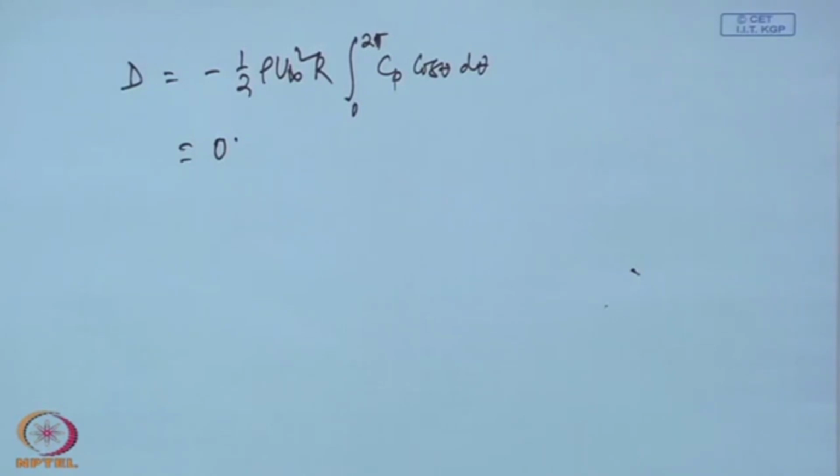So, here also again is a situation where the flow is perfectly symmetric, flow has perfect symmetry both with respect to top and bottom as well as front and rear.